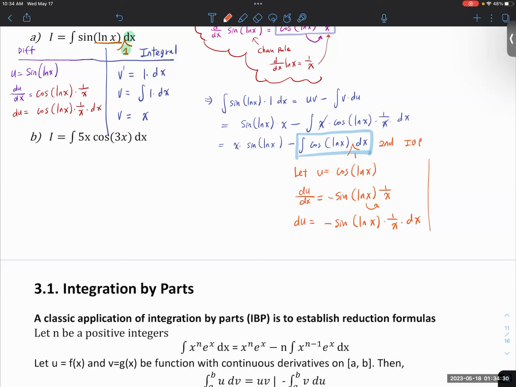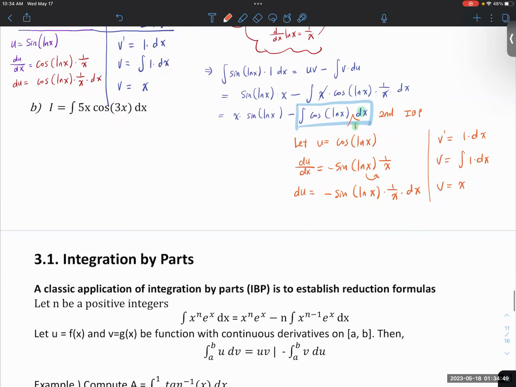And then by taking the integral, we already know 1 times the dx is v prime. So v will be x.